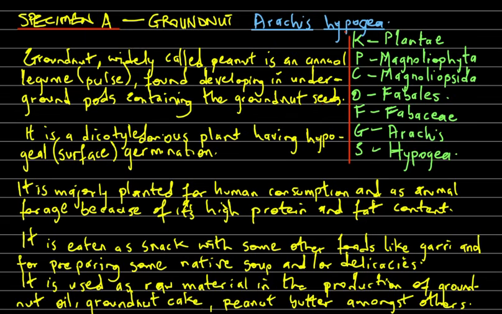It is eaten as snack with some other foods like gari and for preparing some native soups and delicacies. It is also used as raw material in the production of groundnut oil, groundnut cake, peanut butter, amongst other things. So these are some of the things that we use this particular specimen for.